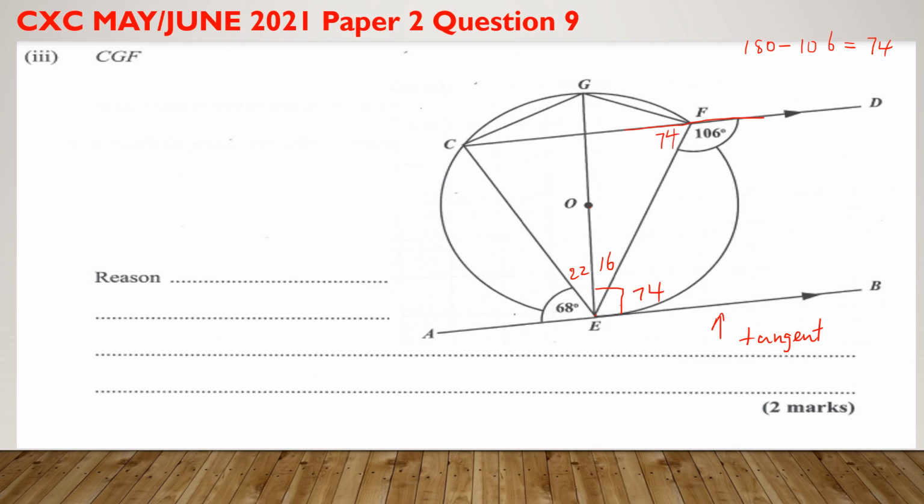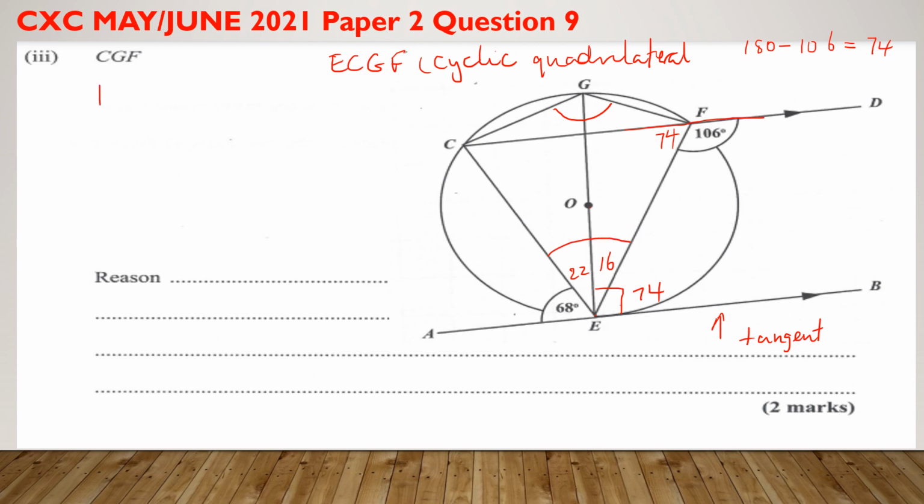So we're asked to find G, and that CECGF is a cyclic quadrilateral. And remember the rule is the opposite angles in a cyclic quadrilateral add up to 180. So here is 38.